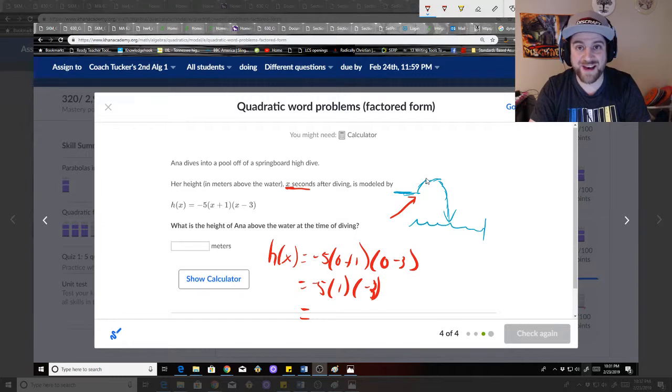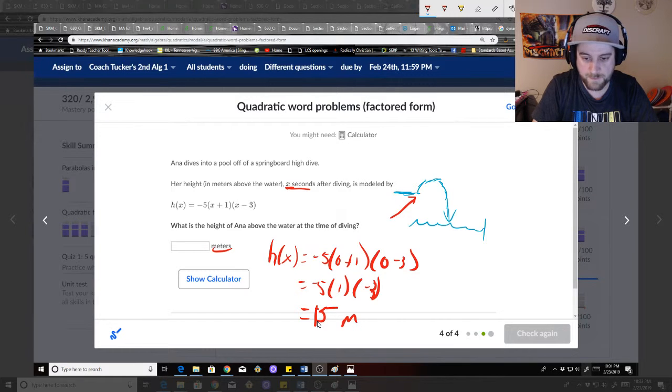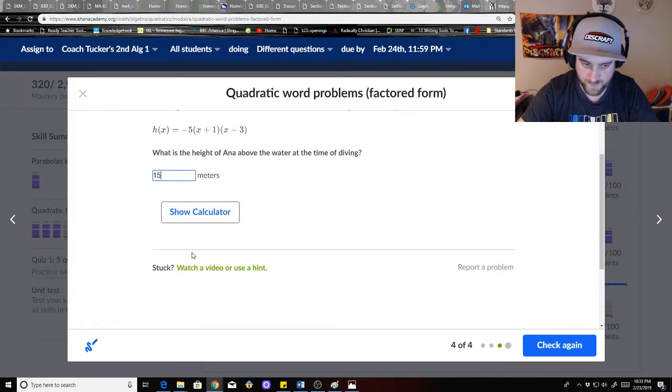If it's a negative value, then we know it's impossible. That would mean she's underwater when she jumps, and that's impossible. So we know it should be a positive value, and a negative times a negative does make a positive. Now 5 times 1 times 3 is 15. So 15 what, though? Her height is modeled in meters, so 15 meters is our answer.